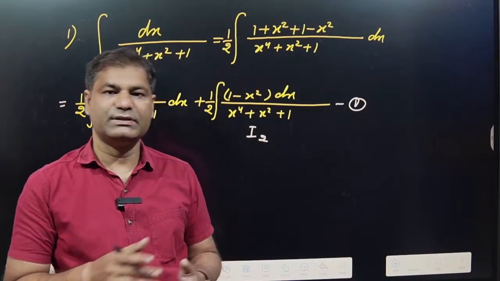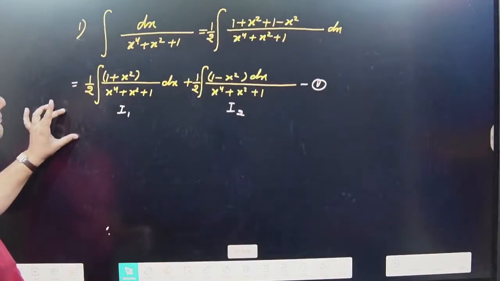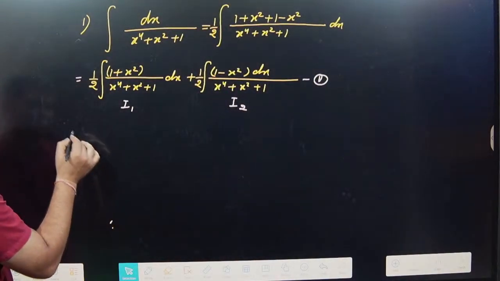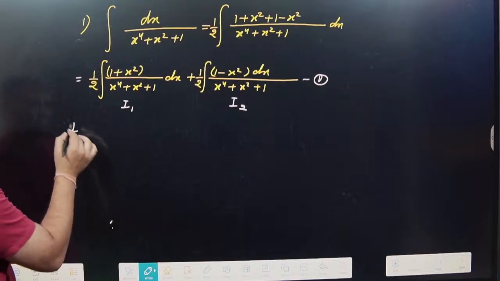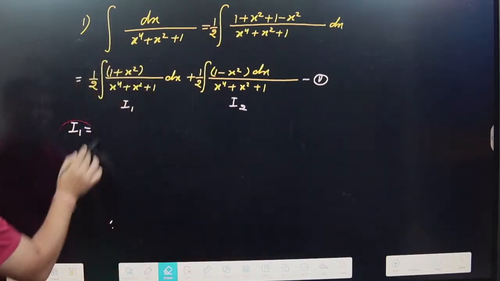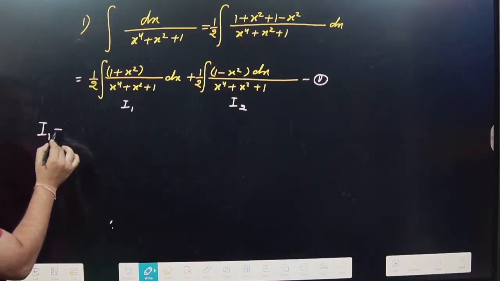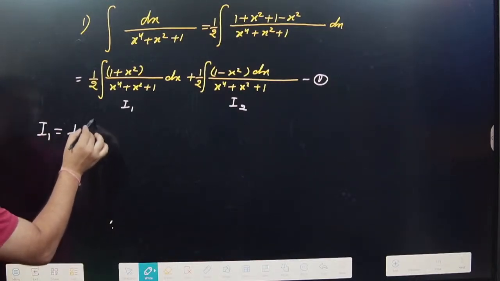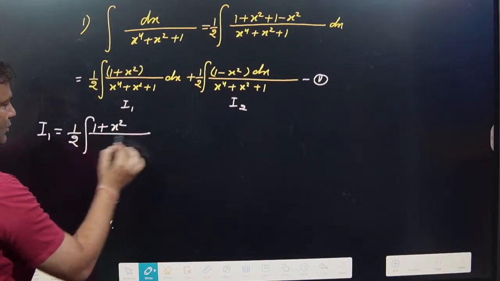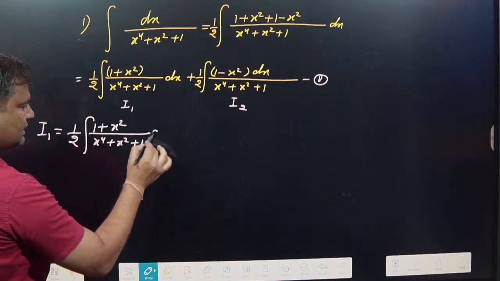Okay, so how can I achieve this target? Look here very carefully, simply focus on that part. I1 is basically how much? I1 is 1 by 2 integration of 1 plus 1 upon x square, upon x to power 4 plus x square plus 1, into dx.